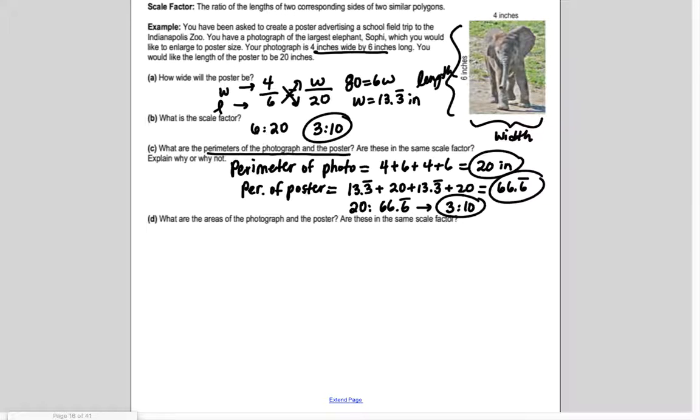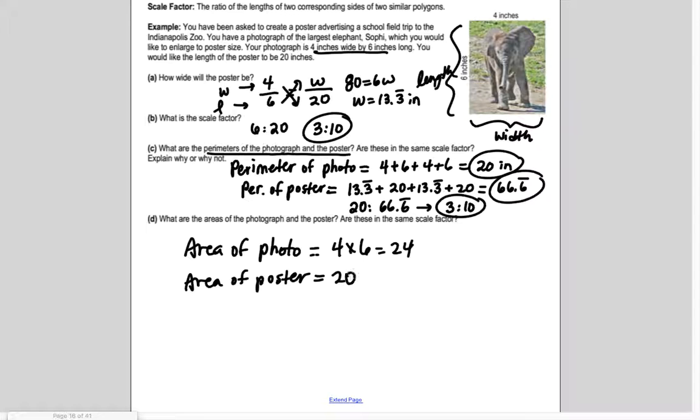So now if you go through and find the area of the photo and the area of the poster, the area of the photo is going to be 4 times 6, which is 24, and the area of the poster is going to be 20 by 13.3 repeating. So in your calculator, I would do 1/3 for the 0.3 repeating, plus 13. So I have 13.3 repeating.